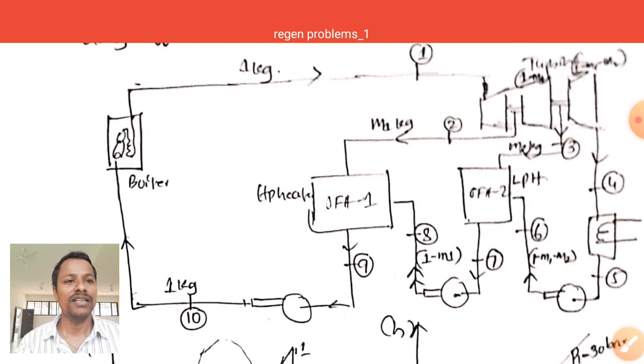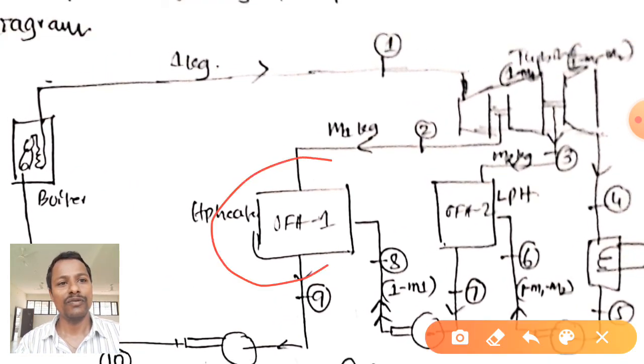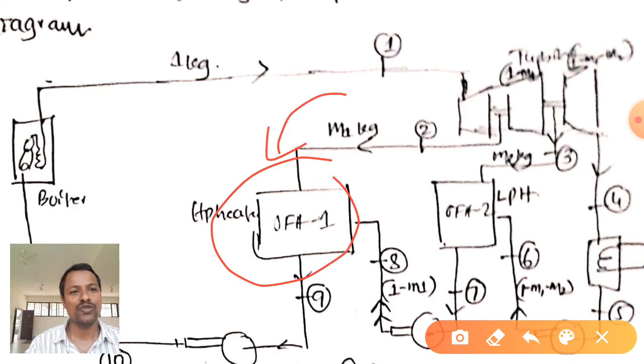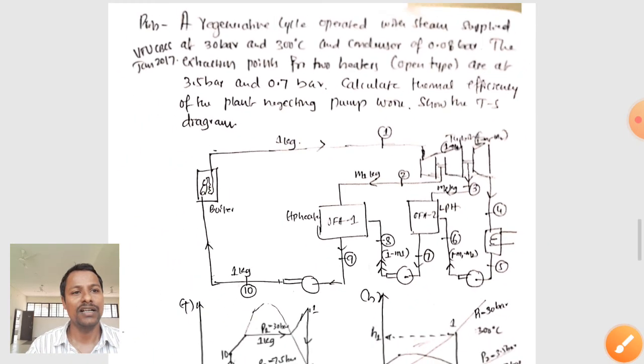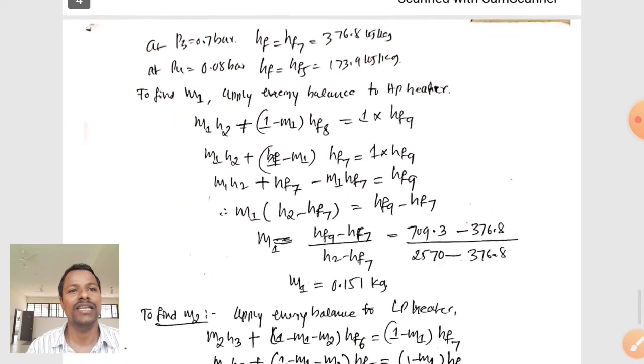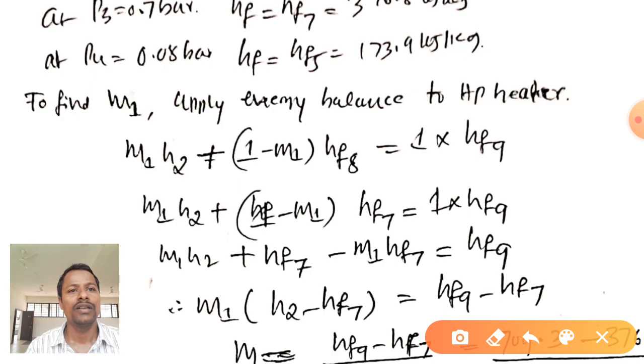If we look into the schematic diagram, this is the high pressure feed water heater, wherein I have inlet stream m1 at H2 enthalpy, and 1 minus m1 at HF8, and HF9 is the outlet. Applying the energy balance, I have m1 into H2, plus 1 minus m1 into HF8, equal to 1 into HF9.